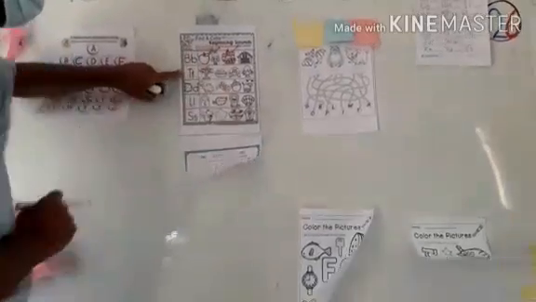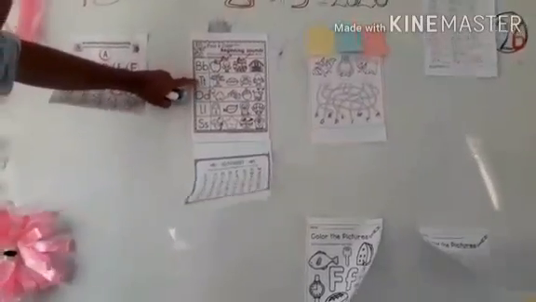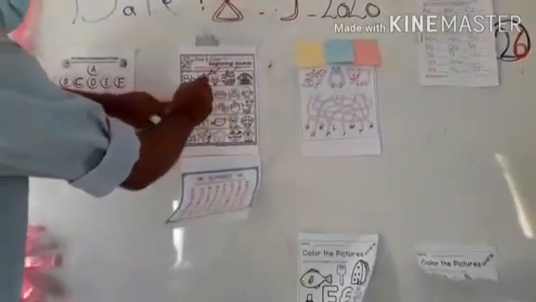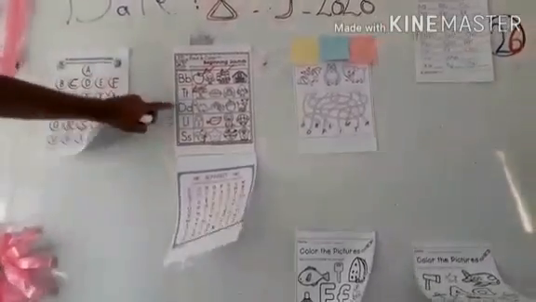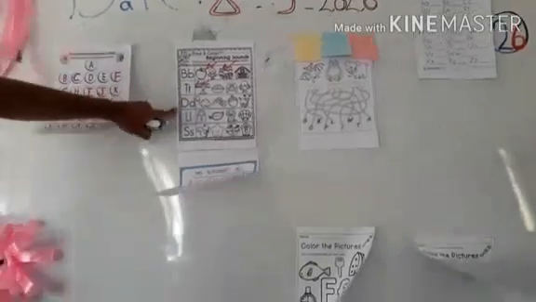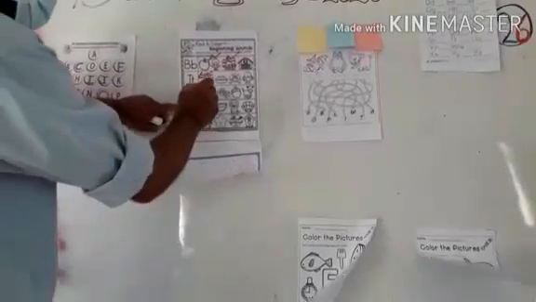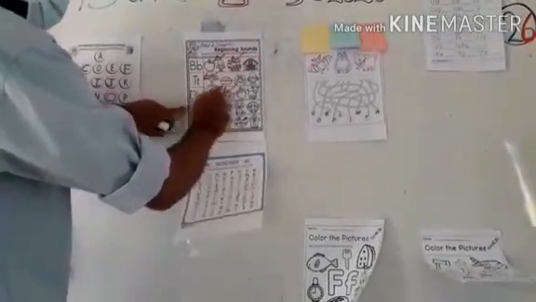Bear and bow. In the second line, we have the letter T, and we have some pictures. So the correct picture here is tree. The next one we have the letter D, and we should select dinosaur and dice and dog.